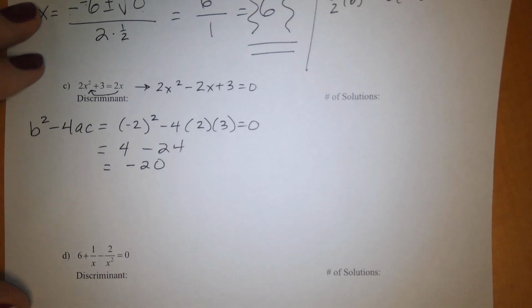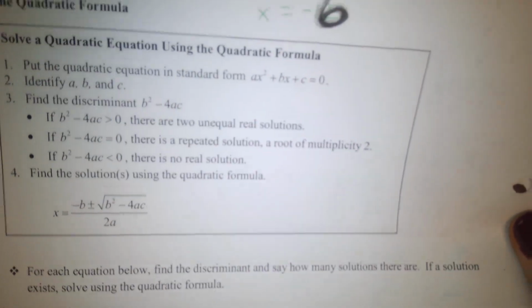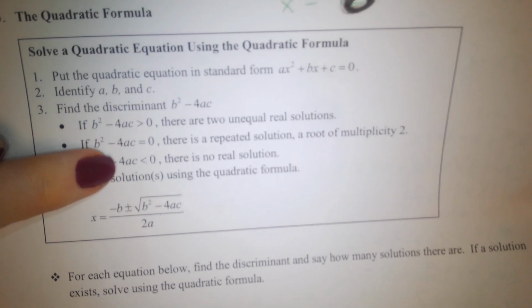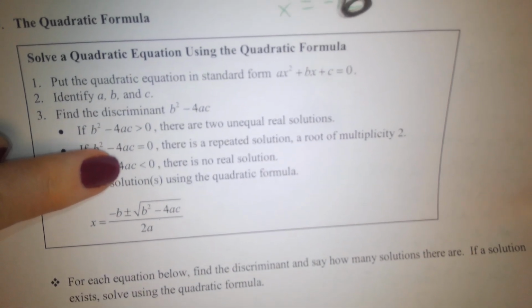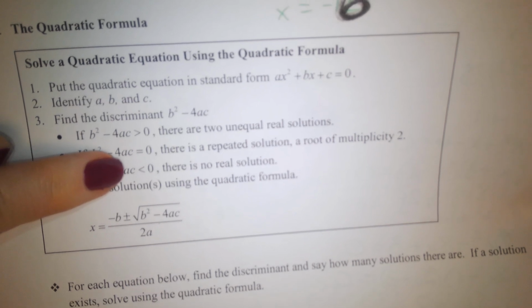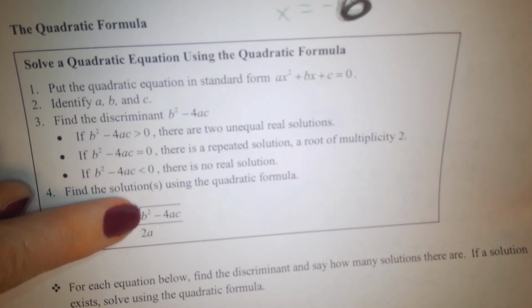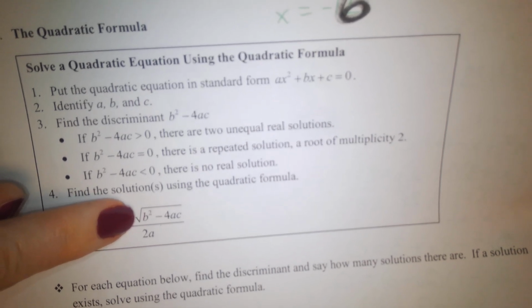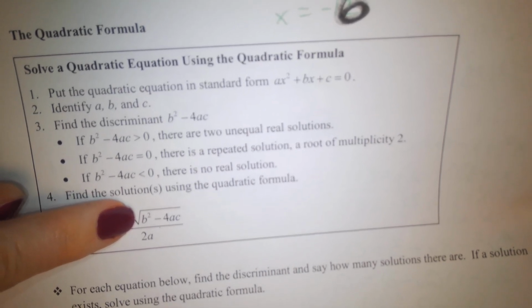According to the first page, when the discriminant is less than 0, there is no real solution, because that means everything underneath the square root symbol is negative, and we know you cannot take the square root of a negative number.